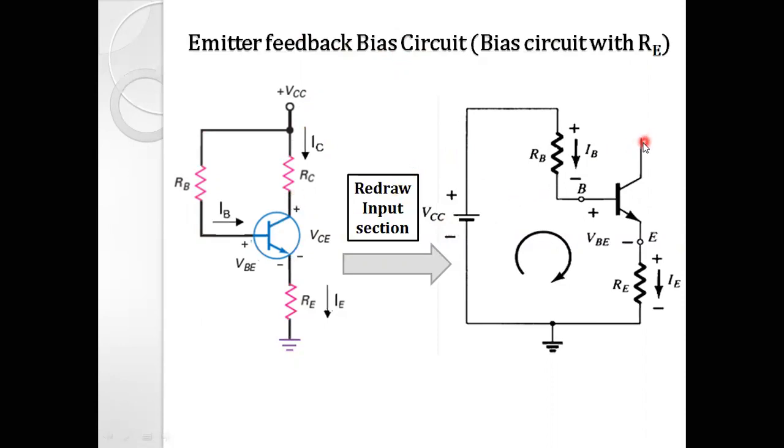Then the equivalent circuit becomes like this: supply VCC over here, then RB, which is connected to the base terminal of the transistor, then the emitter terminal, which is common between input and output. RE is connected to the emitter terminal, and the other terminal of RE is connected to the ground, which is ultimately the negative terminal of the supply voltage.